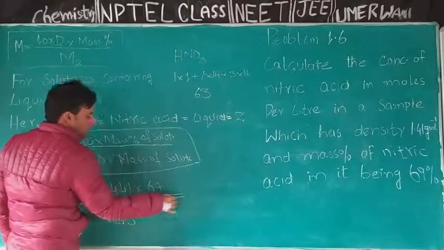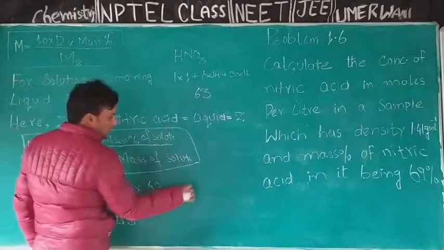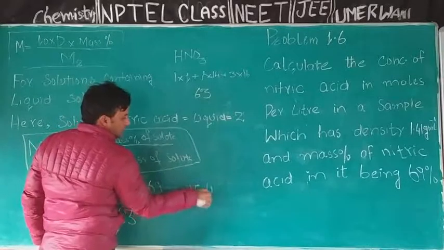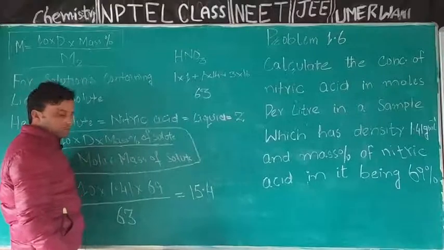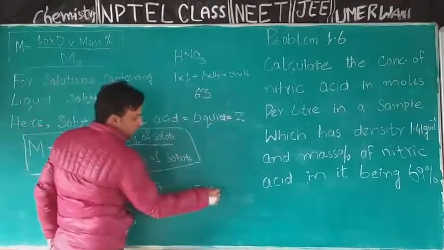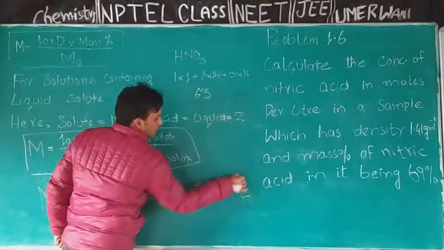I have already evaluated the RHS of this equation. It comes equal to 15.4. Since it is molarity, the molar concentration of the solution, that is the number of moles present in 1 liter of solution, the unit will be mole per liter.